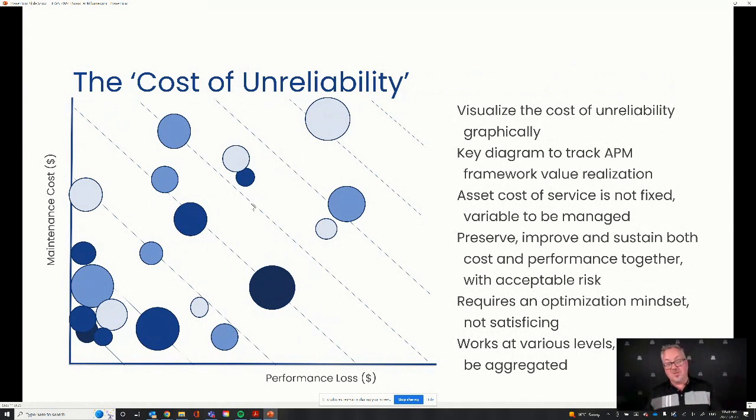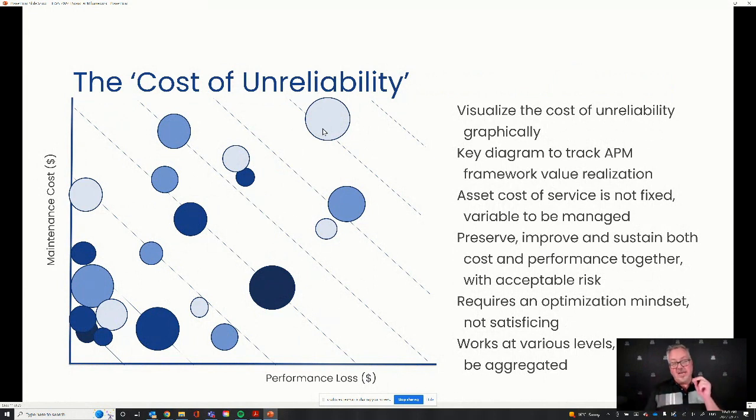Because if we have high cost, maybe we can reduce that. If we have high performance losses, maybe we can reduce that. If you see the outlier way far away from the origin, you can ask yourself, well, what does it take to move that closer in to the origin, right? And so in order to do this, we want to both preserve and improve, sustain both the cost and the performance together, again, within an acceptable risk to the organization.